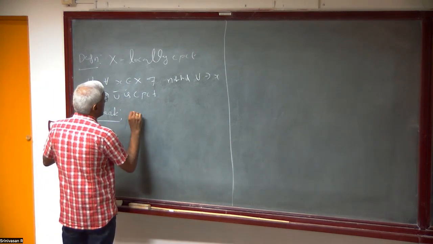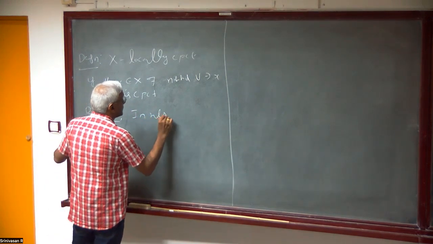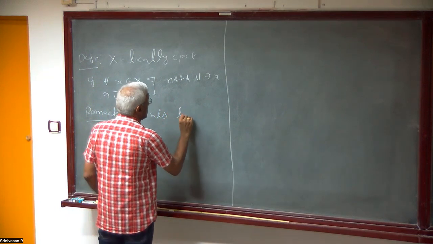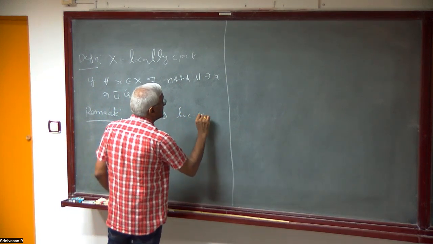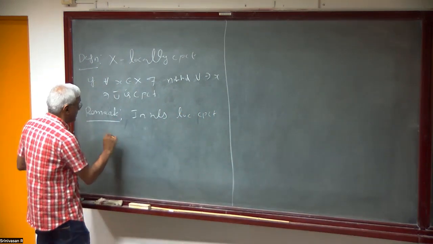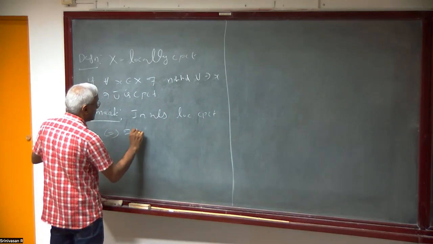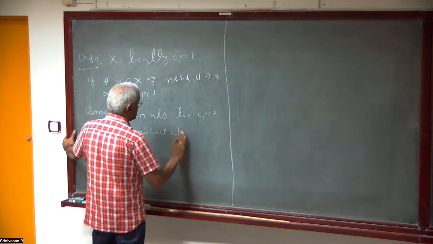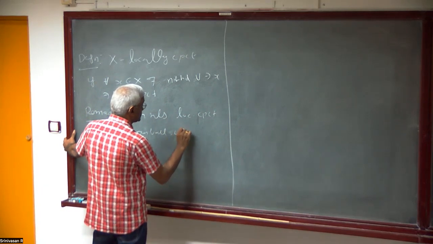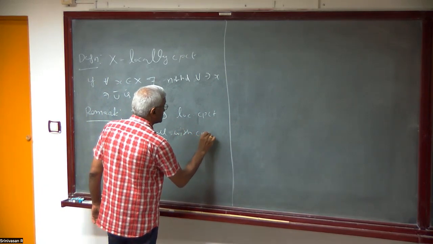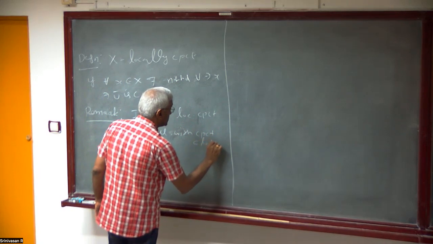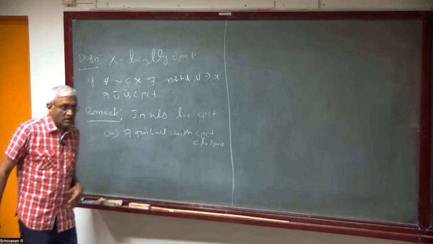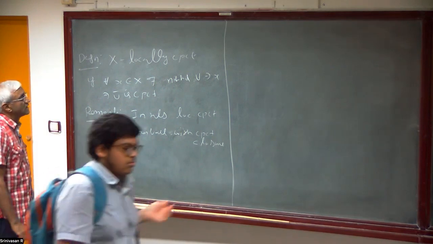The remark is: in a normed linear space, being locally compact is equivalent to saying there exists one open ball whose closure is compact.